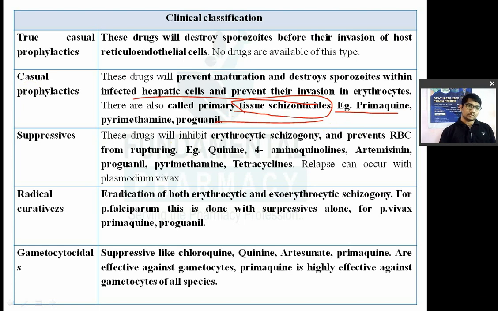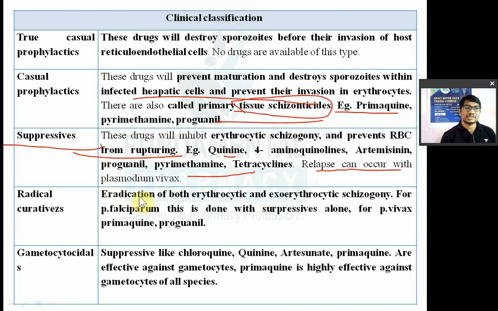Now suppressive drugs. These drugs inhibit erythrocytic schizogony and prevent the RBC from rupturing. Examples are 4-aminoquinolines, quinine, artemisinin, pyrimethamine, tetracyclines and proguanil. Relapse can occur with Plasmodium vivax.